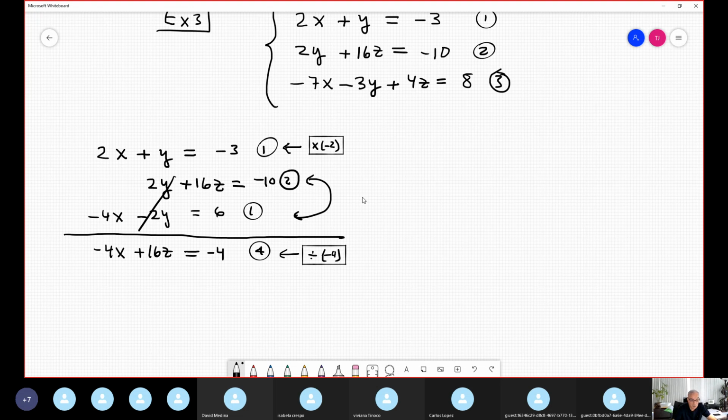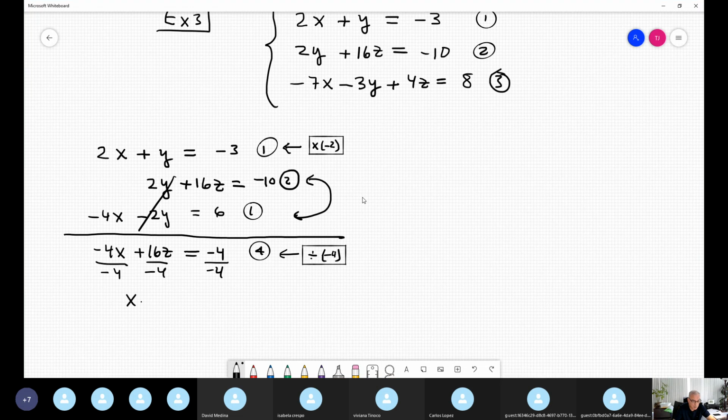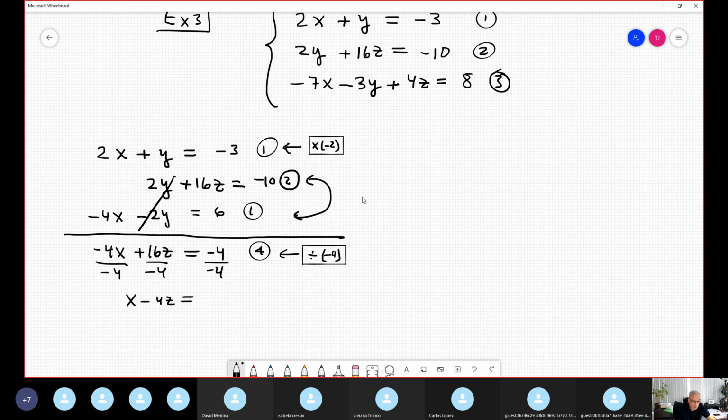It's possible because the numbers involved in the problem are negative 4 and 16. It's not mandatory to do, but this is good. You have x minus 4z equal 1. Okay, this is my new equation 4.